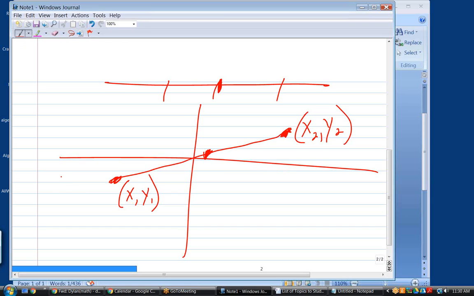Let me put some numbers on this. Let me call this (-5, -2) and let me call this (+3, +2). So to find the coordinates of the midpoint, what are they?